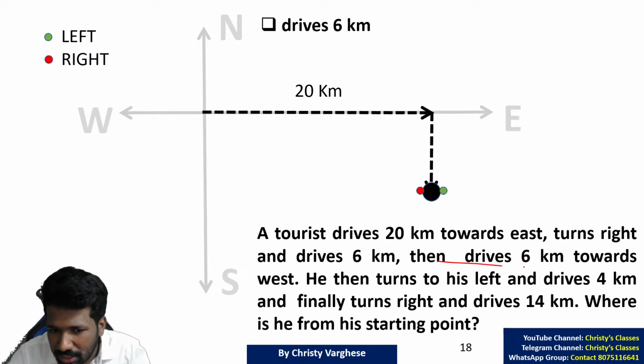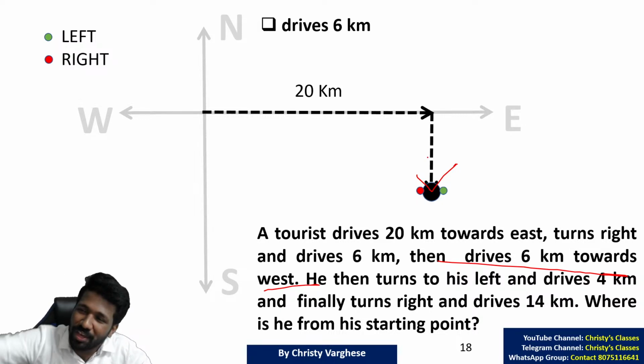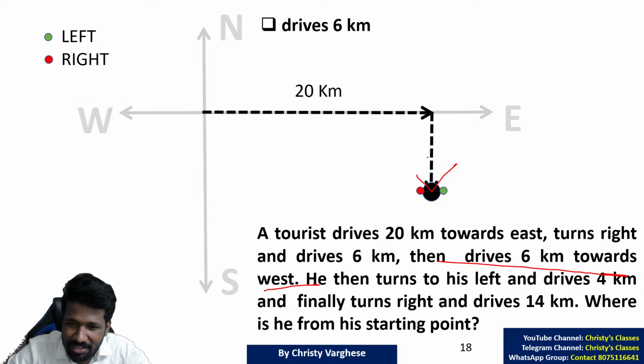Then he drives 6 km towards west. He is facing downward. Some people have a doubt: if he is facing downward, will east and west interchange? No. Just imagine you are facing downward or upward. Will the sun start rising in another direction or setting in another direction? No, right?